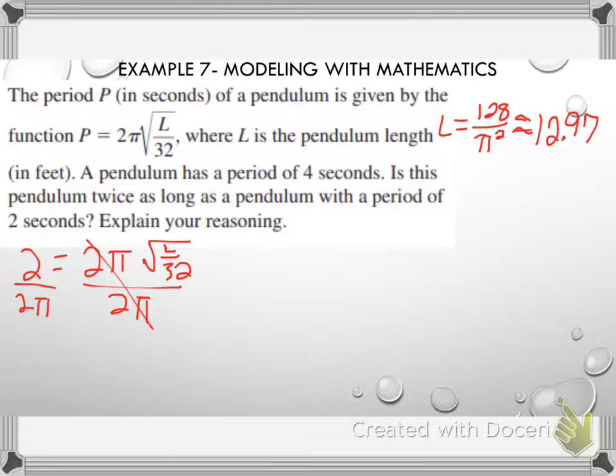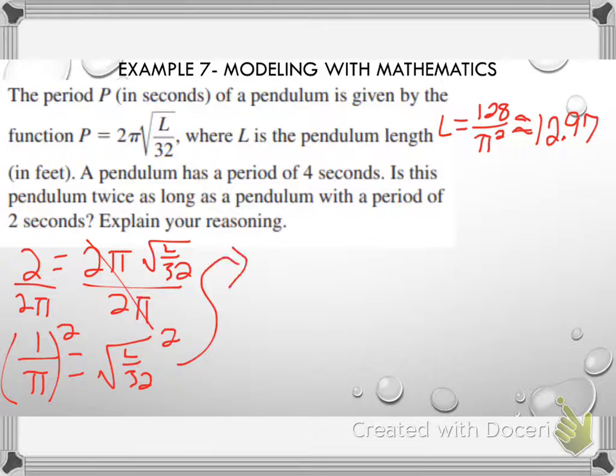2 divided by 2. So I get 1 over pi equals the square root of L over 32. And then I square both sides to get rid of that radical. What's 1 squared? So 1 over pi squared equals L over 32.